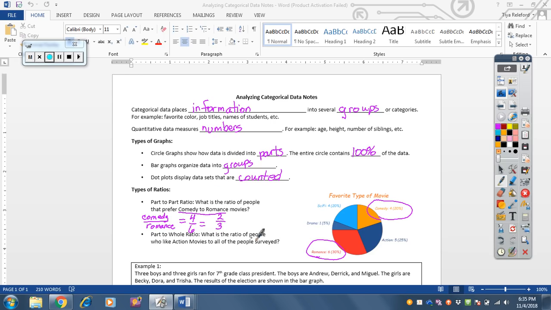Then it says, what is the ratio of people who like action movies to all the people surveyed? So action movies goes on top, and all the people go on bottom. So a couple ways we can do this. We can say, well, action is 5, and all the people added up is 20.